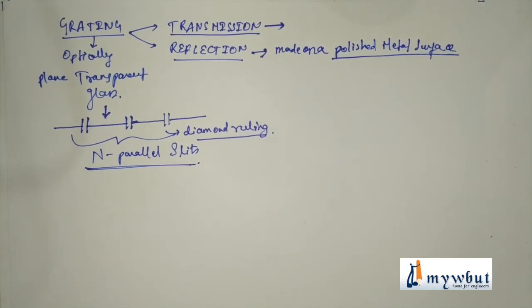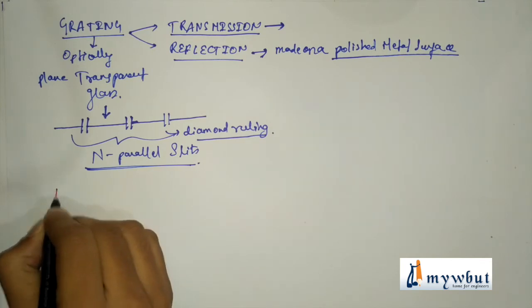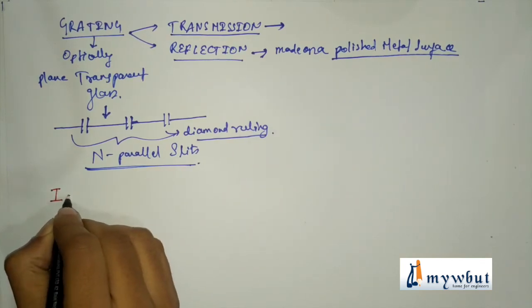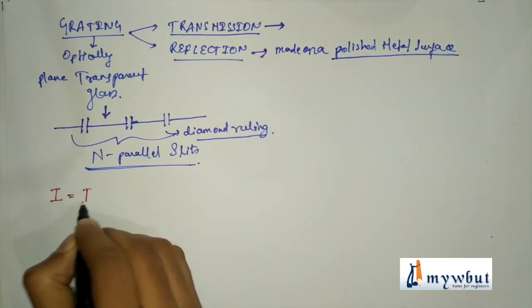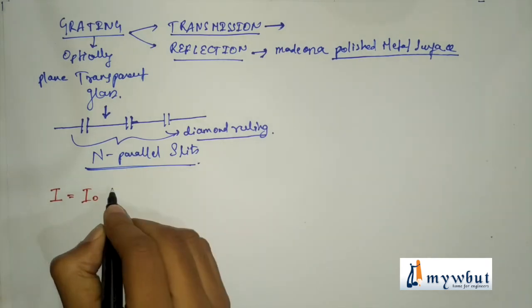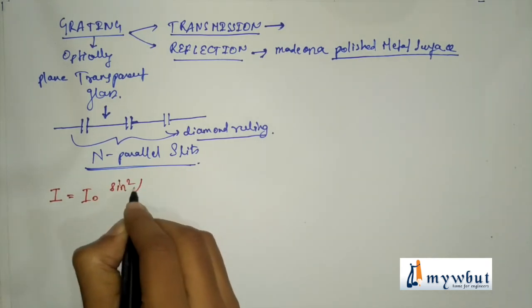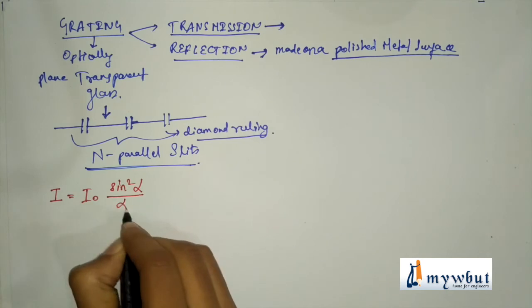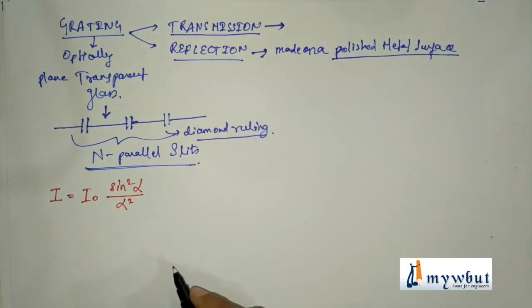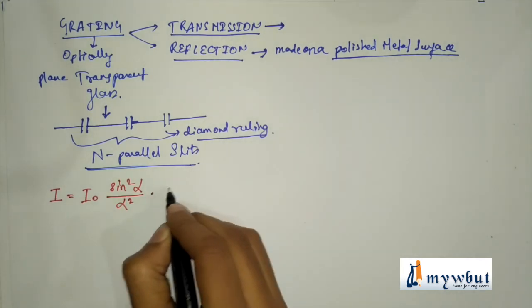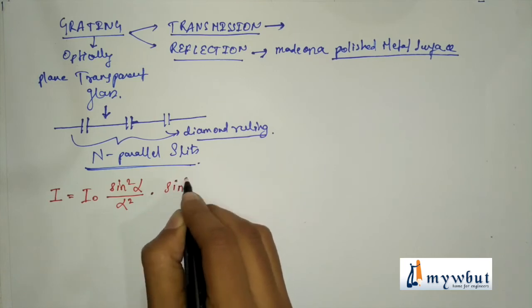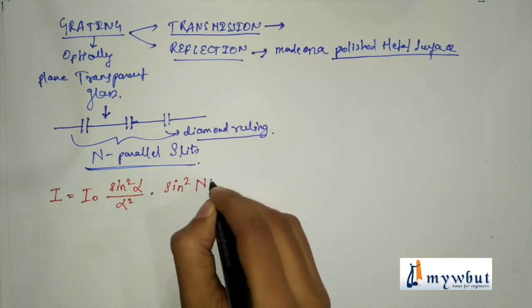So the intensity formula for N parallel slits will get modified into this. I, that is the present intensity, is equal to I naught as previous, sine square alpha by alpha square as in the previous formula, into sine square N beta by sine square beta.